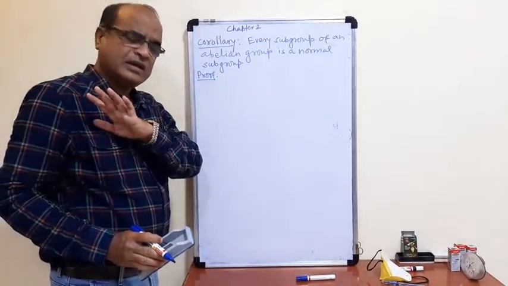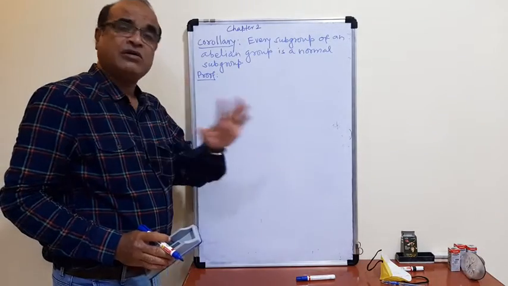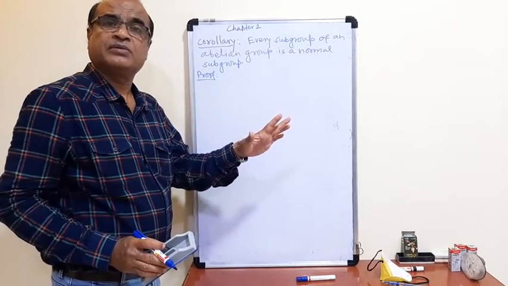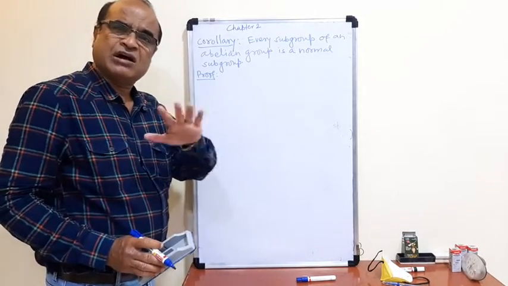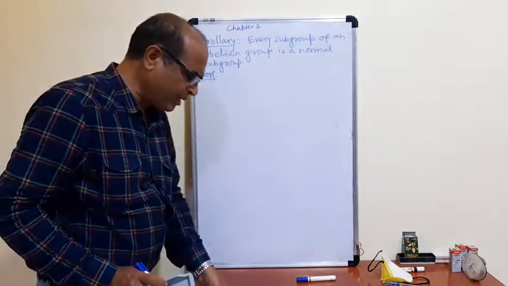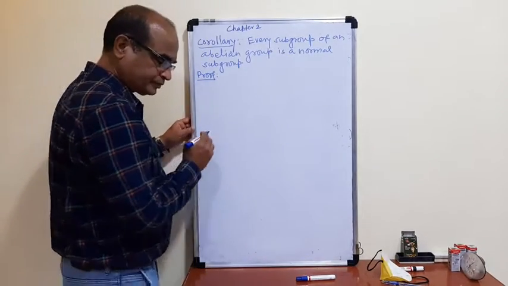There are many consequences of a normal subgroup, but the proofs of these corollaries or properties are very simple. Okay, proof.